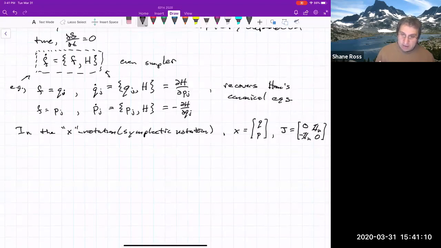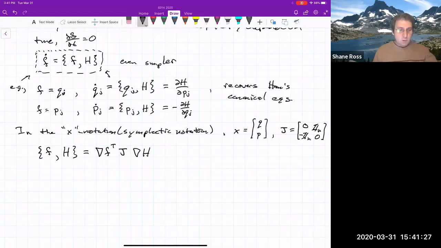In this x notation, the Poisson bracket of f with h equals the gradient of f transpose times J times the gradient of h, where this is the gradient of f with respect to x.